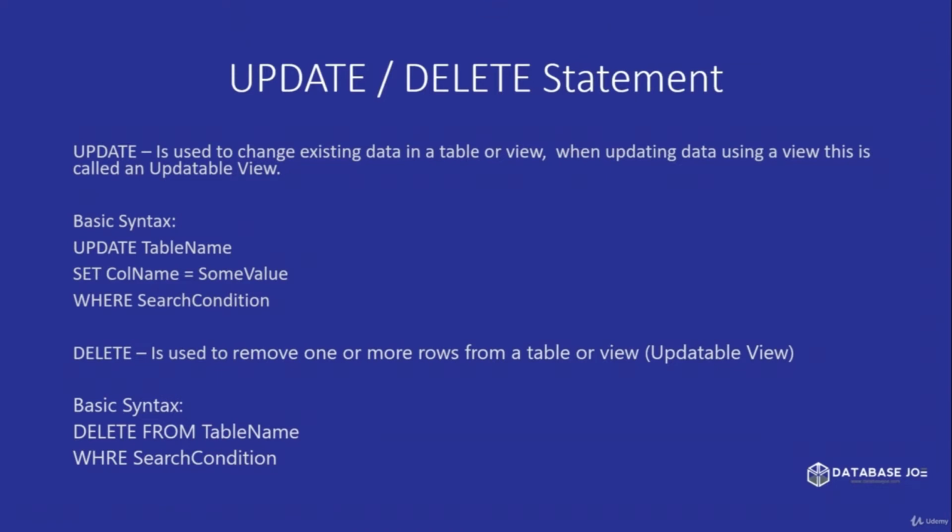The delete statement allows for the deletion of one or many rows from our tables. Its syntax is the delete keyword, followed by from, the table name, and an optional where clause, followed by the search condition to target a subset of rows to be removed. Let's head over to SQL Server Management Studio to see some demos.